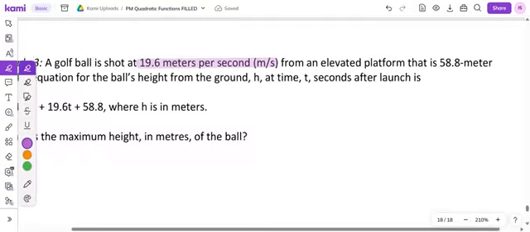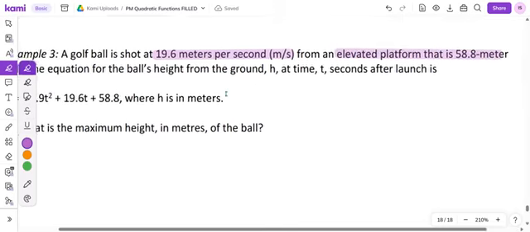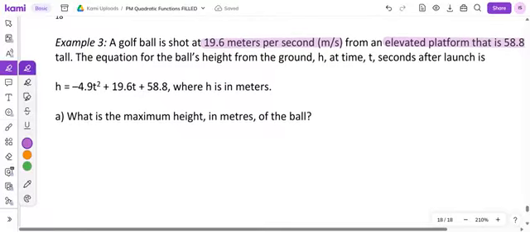Ooh, Ivy, what words do you see here? There are some important words here. Folks, we've got an elevated platform. So the golf ball doesn't start at the ground.